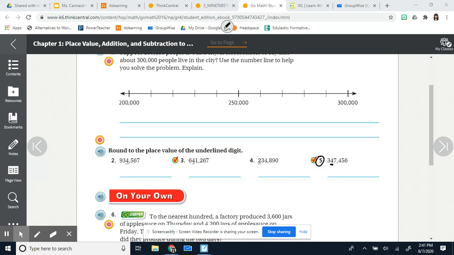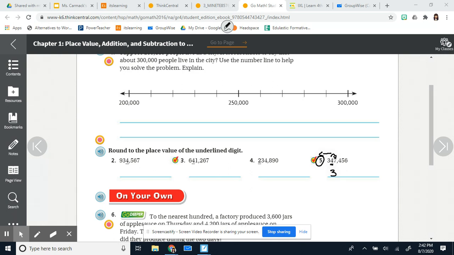It's right here. So remember what I said, any number that comes before that rounded place stays the same. Okay, so that 3 is going to stay the same.